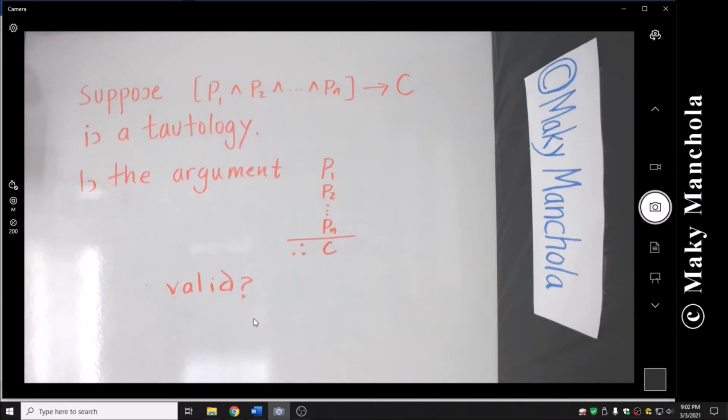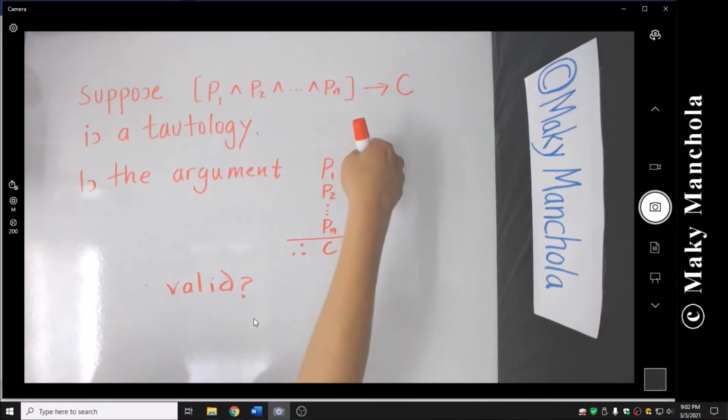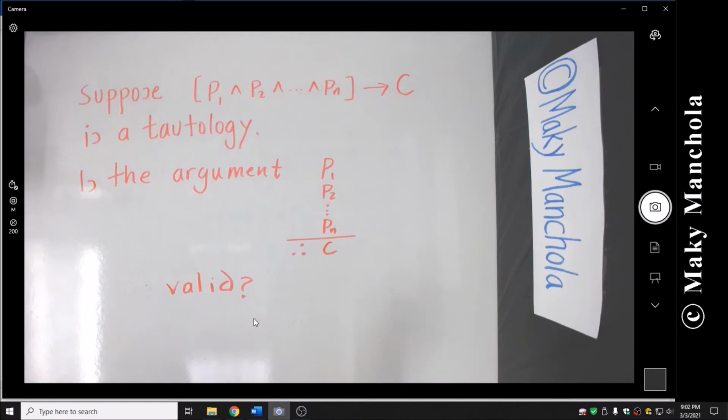Now we need to remember that for this argument form to be valid, we will have to have the following happen. Whenever the premises are all true, then so is the conclusion. So let's assume that all premises happen to be true.